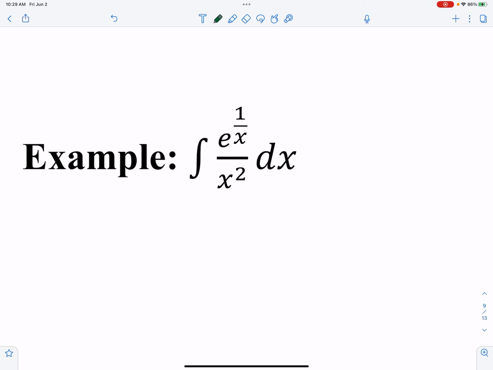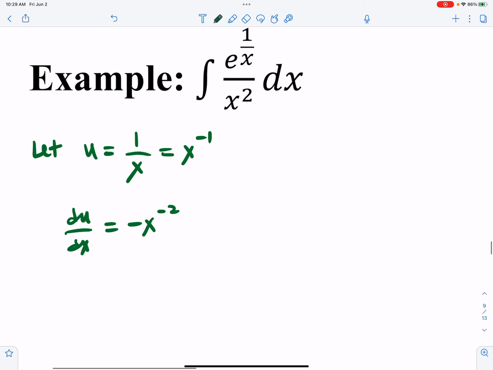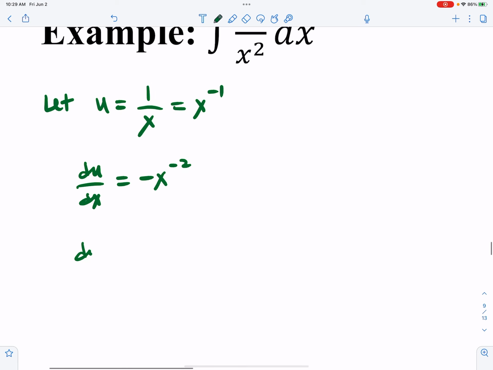So, why don't I try letting u equal to 1 over x, which is x to the negative first. So then du over dx, derivative of u with respect to x, would be negative x to the negative second, which is negative 1 over x squared.